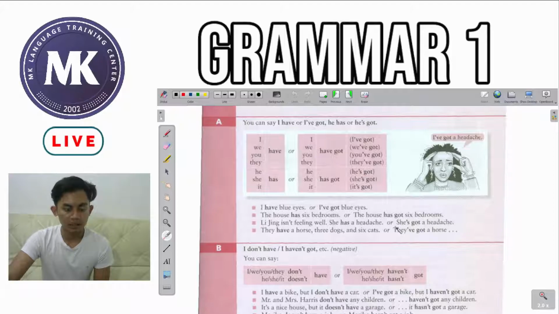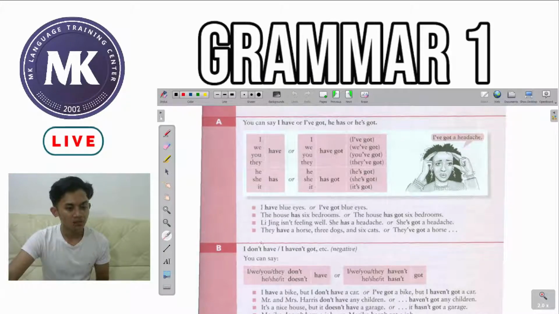When contracting pronouns with the be verb has or have, we remove the HA of both has or have, and we will be left with S for has and VE for have. We put the apostrophe as a placeholder for the missing letters. That's why we have she's. And in the case of I've.